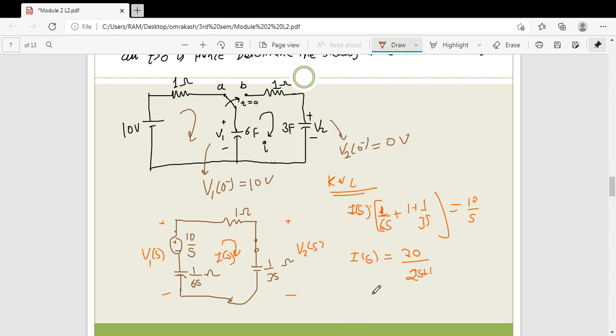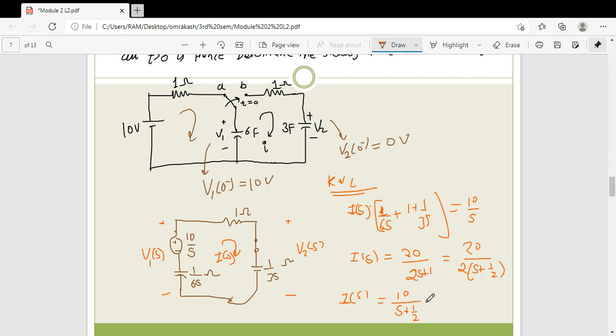Now you need to take the Laplace inverse transform. So this is not your standard form, right? So take 2 as a common from the denominator. So when you take 2 as a common, you will get 1 by 2 here. And I of s is nothing but 20 divided by 2, that is 10, over s plus 1 by 2, right?